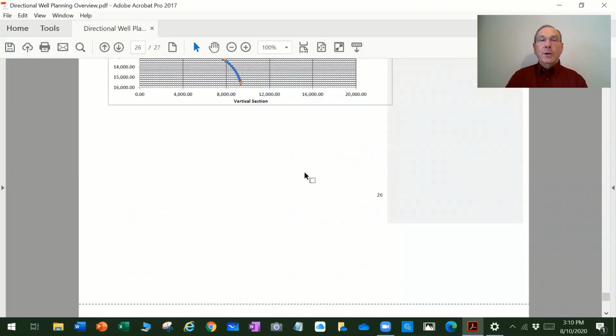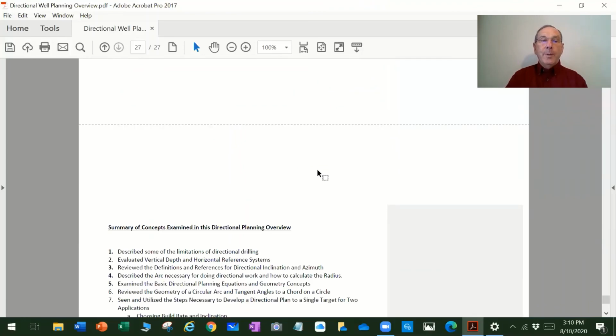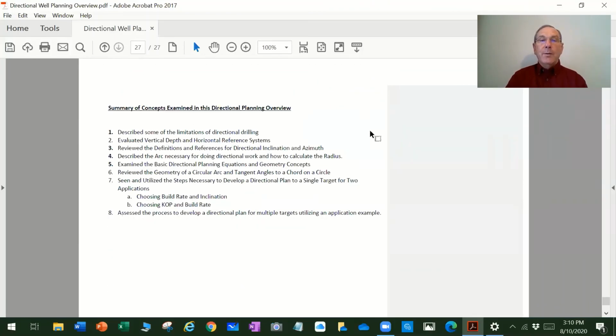So just want to wrap up and summarize all the information that we have examined in, I call it, directional planning overview. We have described some of the limitations of directional drilling.